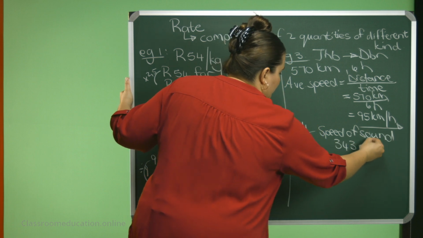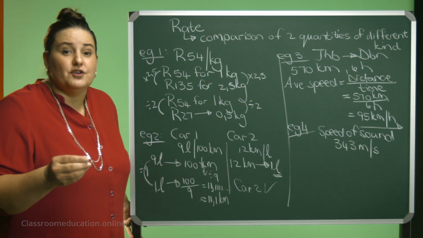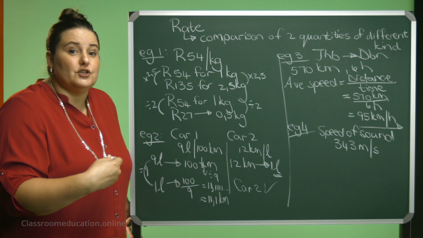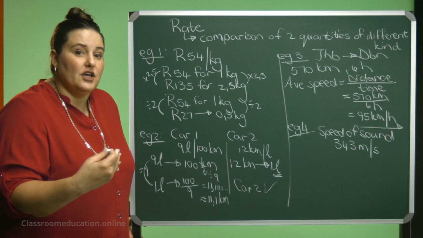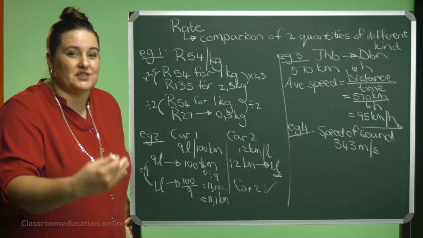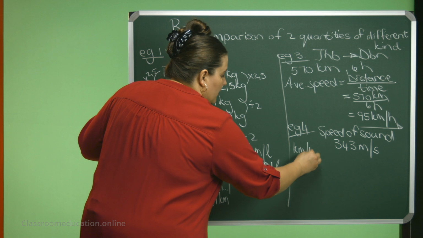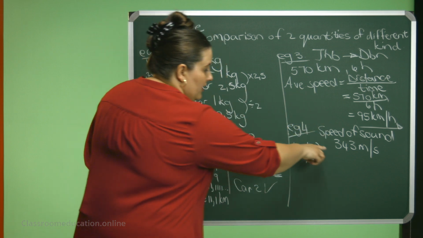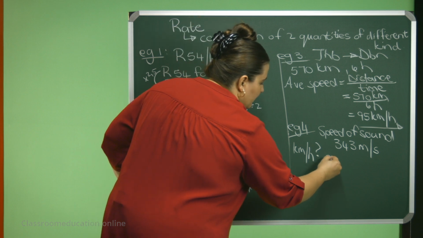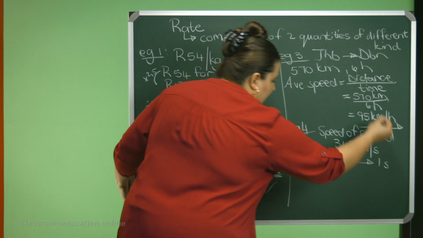What will you do if I'm asking you to convert 343 meters per second to kilometers per hour? So I want it now in terms of kilometers per hour. Let's see. 343 meters per second means 343 meters in 1 second.